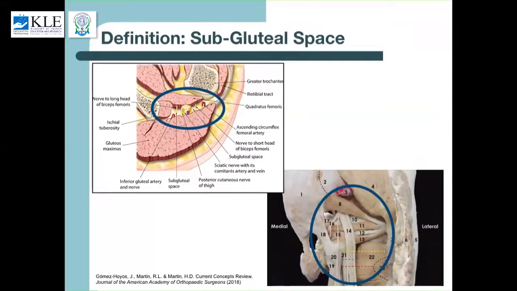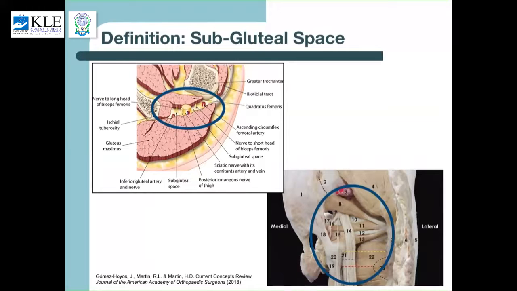Well, it is the cellular and the fatty tissue located between the middle and the deep gluteal aponeurosis layers. Posteriorly, it's defined by the gluteus maximus, and that moves all the way anteriorly to the posterior acetabular column, the hip capsule, and the proximal femur.